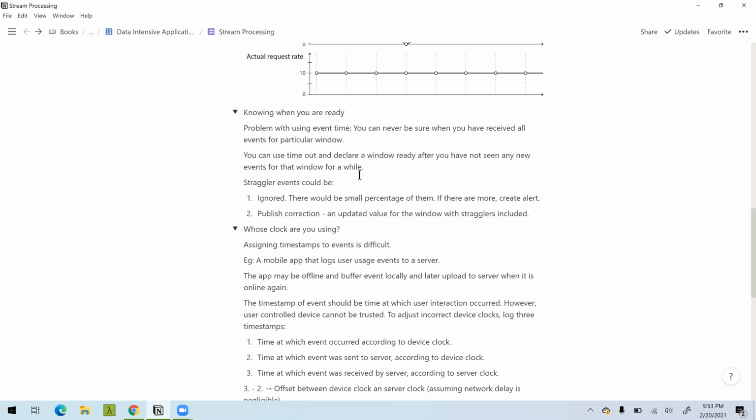But with logical clocks, how will you do the stream analytics? Basically, with stream analytics, we are saying that at a particular time interval, between 7 a.m. to 8 a.m., how many users were using my app, and what feature they were using the most.